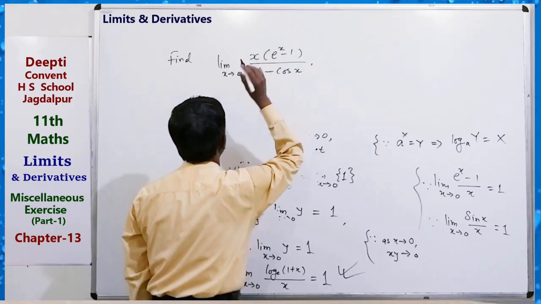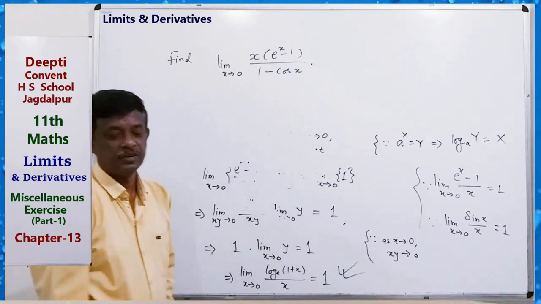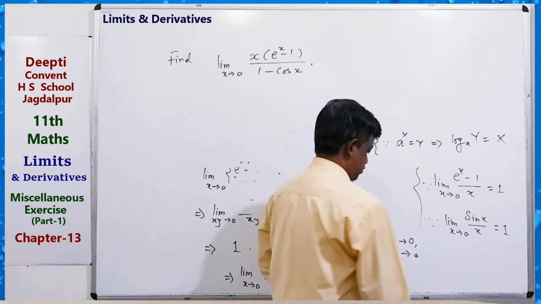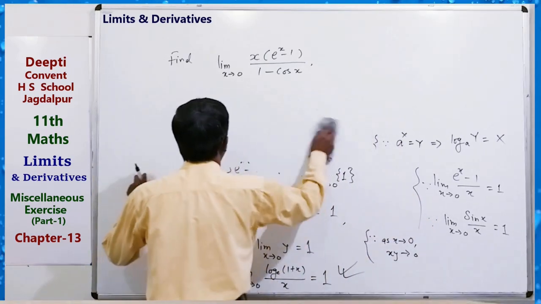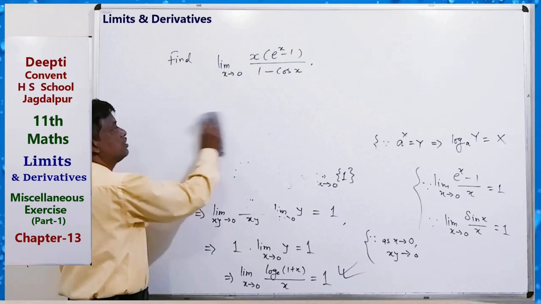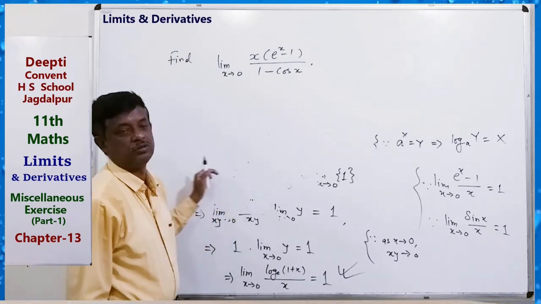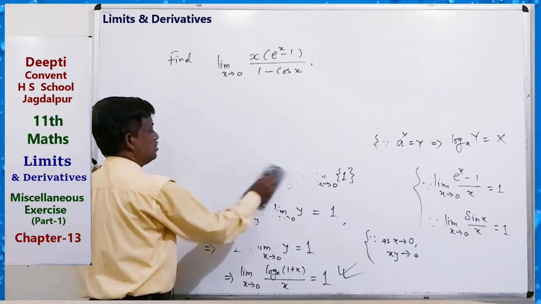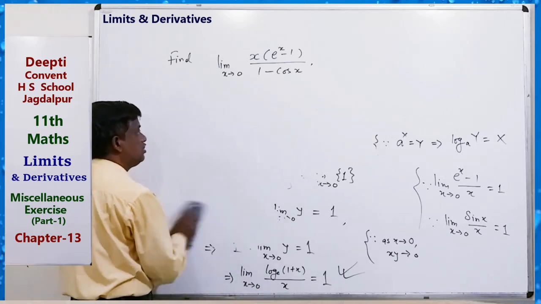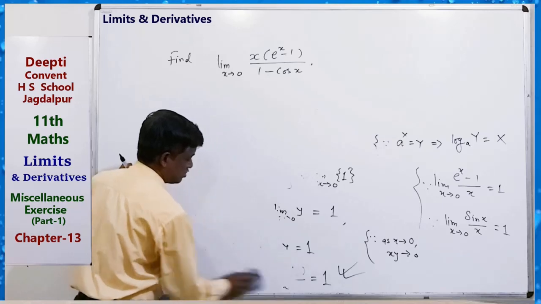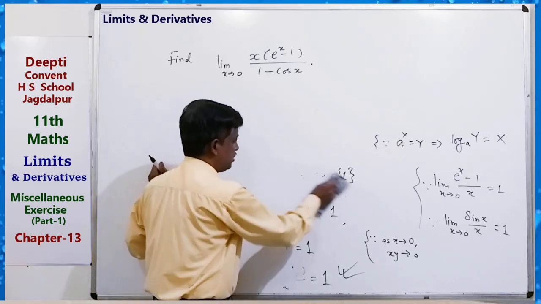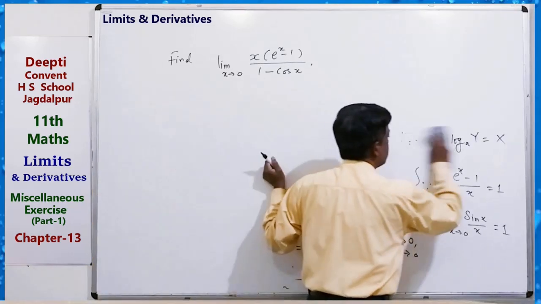It is like this. Just we have to find this limit. For finding limit, just put x equals to 0 in numerator and denominator. We get 1 minus cos 0, 1 minus 1, 0. Denominator 0 and numerator is also 0. e to the power 0 means 1, 1 minus 1, 0. This is 0 by 0 format, or also you can find infinity by infinity format.